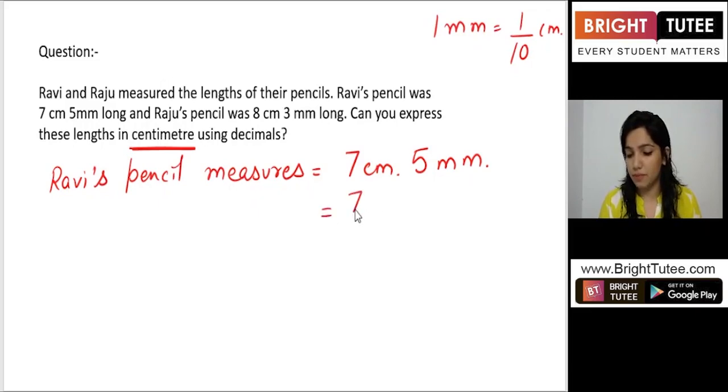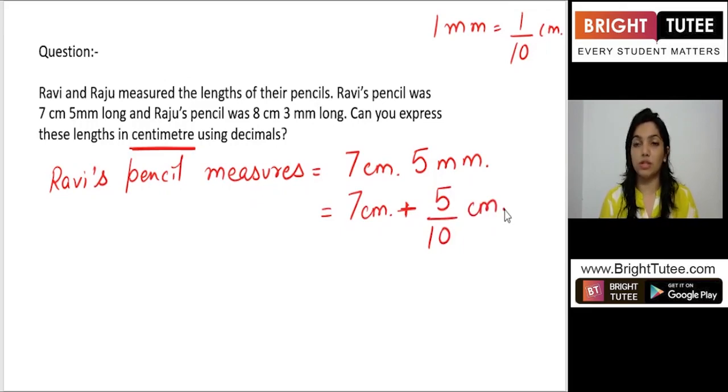Let's write 7 centimeter as it is, with a plus sign in between, and this is 5 over 10 centimeter. Do you see? Instead of millimeter, I have now written centimeter. Why? Because here I have put a 10 at the denominator of 5. I hope this makes sense.